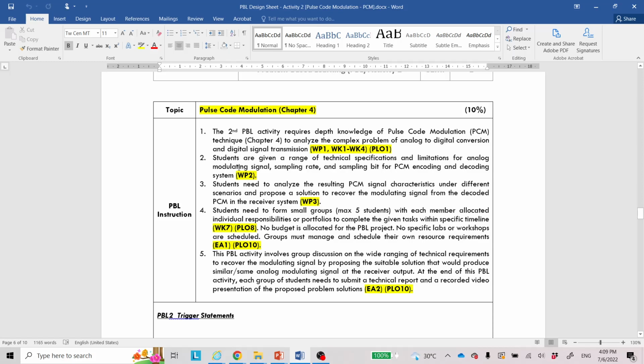Okay, students are given a range of technical specification and limitation for analog modulation signal, sampling rate and sampling bit for PCM encoding and decoding system. Students need to analyze the resulting PCM signal characteristics under different scenarios and propose a solution to recover the modulating signal from the decoded PCM in the receiver system.